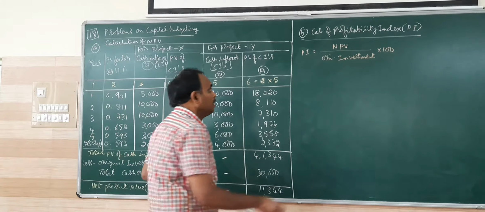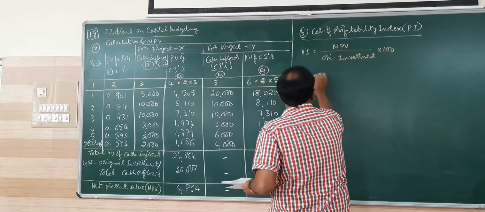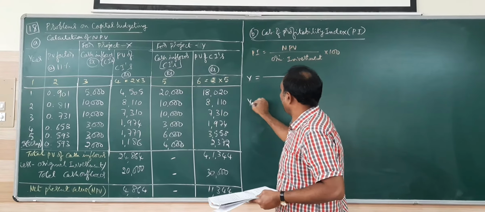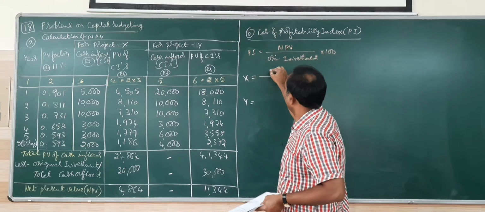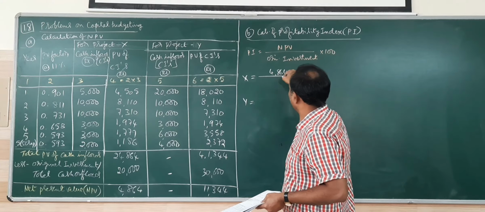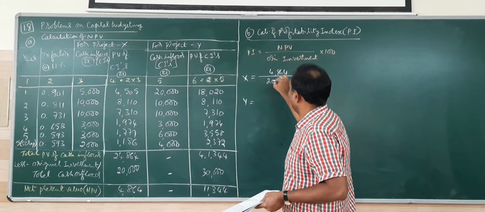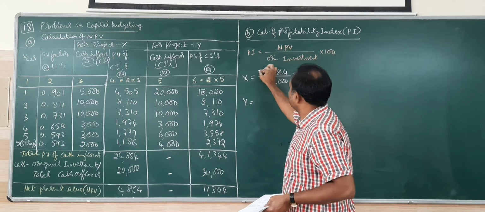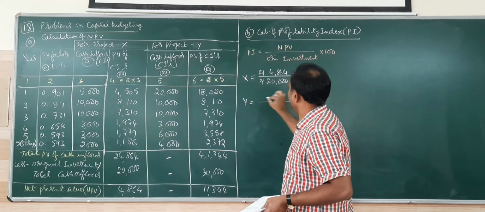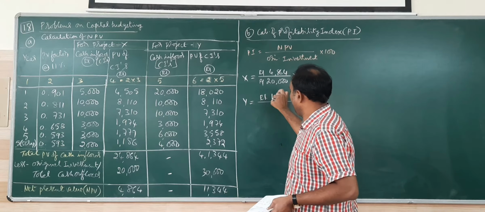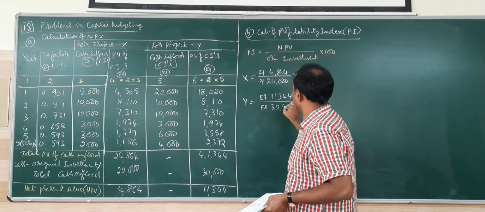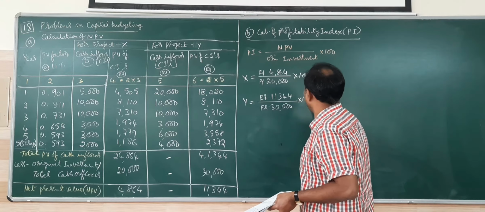Now we do the PI, the profitability index, for X and for Y. For X, NPV 4,864 over the original investment 20,000, multiplied by 100. For Y, the NPV is 11,344 and the investment is 30,000, multiplied by 100.